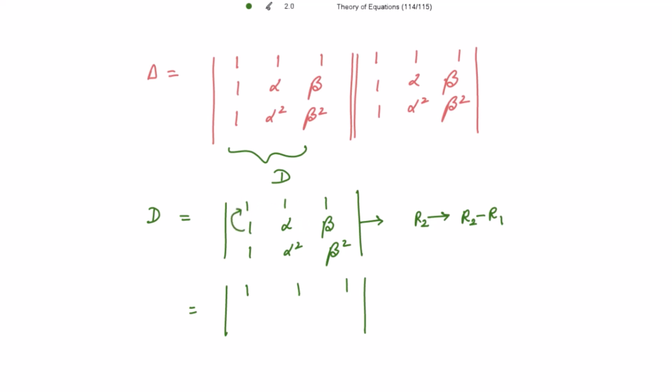So this is 1 minus 1, 0, alpha minus 1, beta minus 1. Similarly, applying another operation on row 3 by subtracting the elements of row 1 from row 3: 1 minus 1, 0, alpha square minus 1, beta square minus 1.